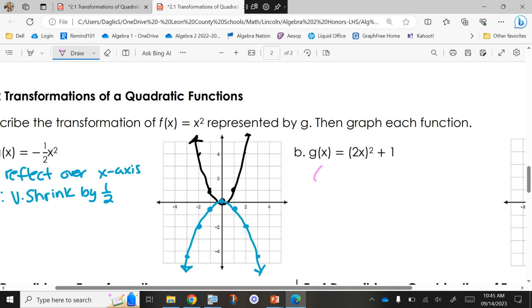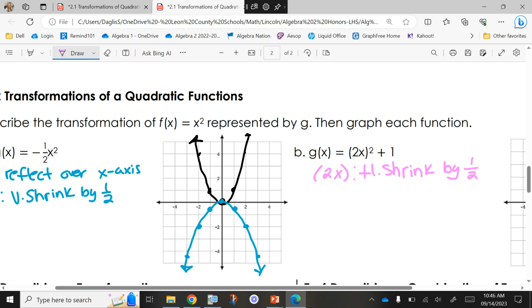In my next one, 2x inside of my parentheses shows me a horizontal change. You have that cheat sheet on the front. Your a value is bigger than 1 inside of your parentheses. Should be a shrink by a factor of 1/2.